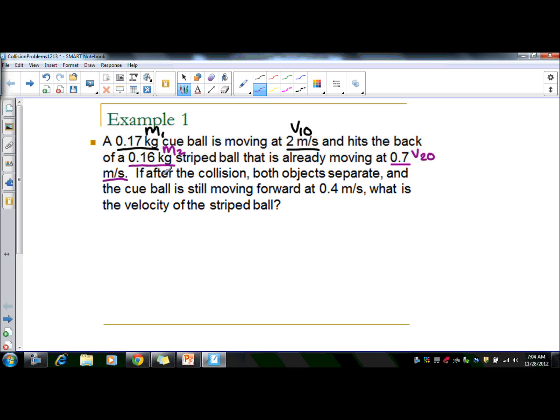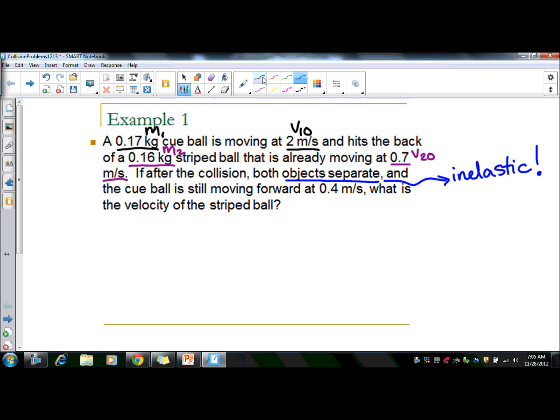If after the collision, so this is what happens afterward, both objects separate, this is your key phrase right here. Objects separate. That means it's inelastic. So both objects separate, and the cue ball is still moving forward at 0.4 meters per second.